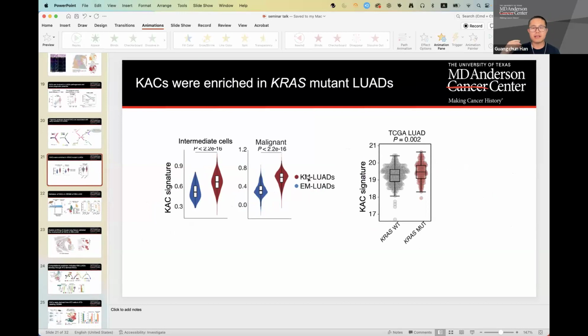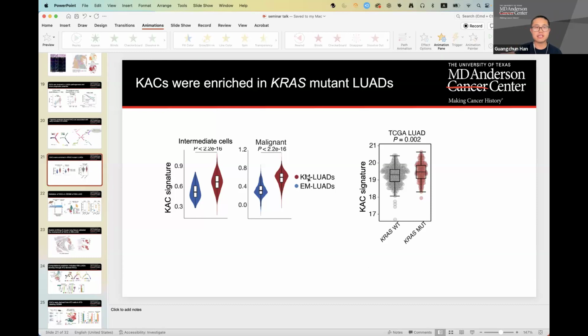So this is my tentative thought regarding this. I don't have data support for this, but here's my two cents. The CAC signature was significantly associated with KRAS mutant malignant cells in this cohort. This is one of the findings.